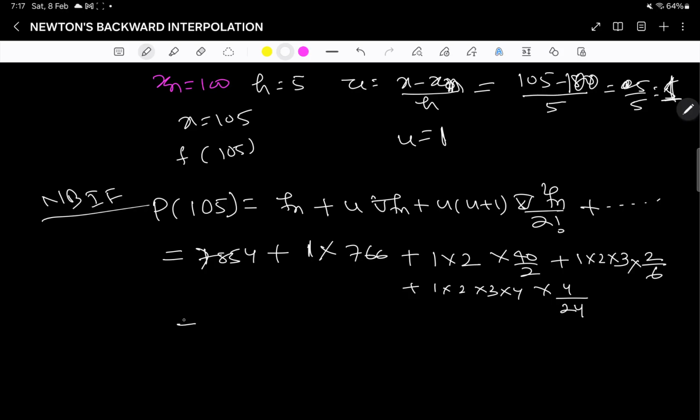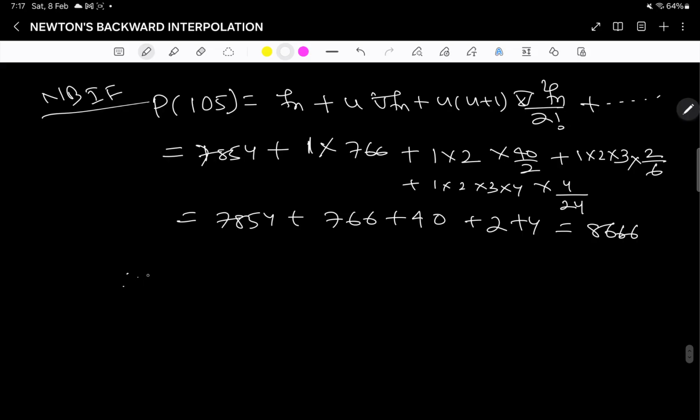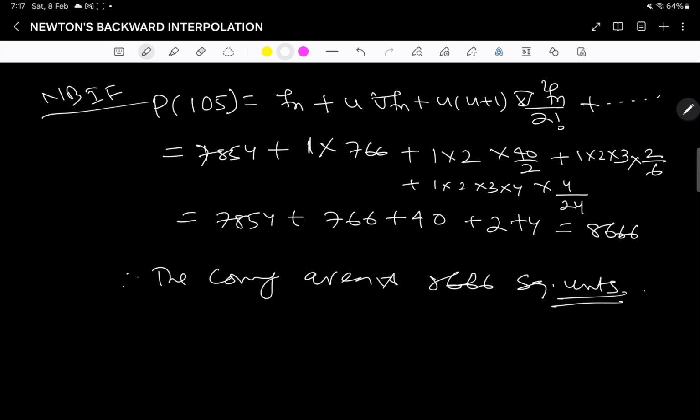So if I simplify it, it is 7854 plus 766 plus 40 plus 2 plus 4, so this is equal to 8666. Therefore the corresponding area is 8666 square units, you may write, or not square units. Okay, so this is your answer.